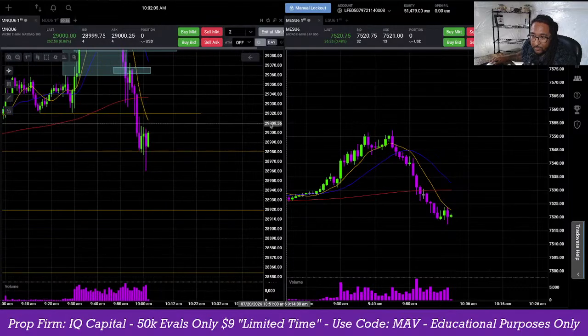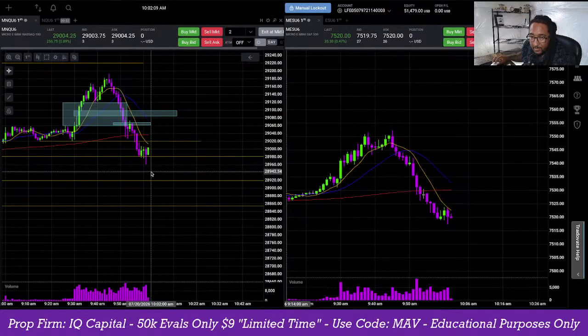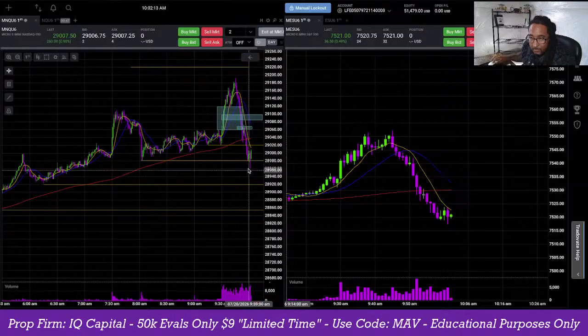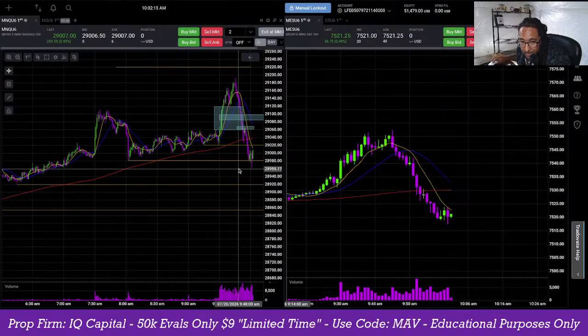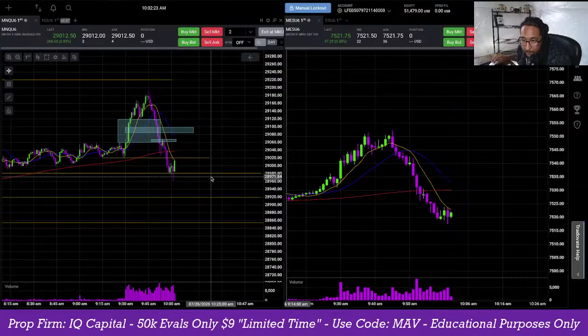You see why I didn't jump in there? Because ultimately I do believe we're going to the upside here, but we're kind of in a consolidation mode right here. Let's see what held us up right here. We got these lows here, nice relative equal lows here, and looks like we may be pulling back.